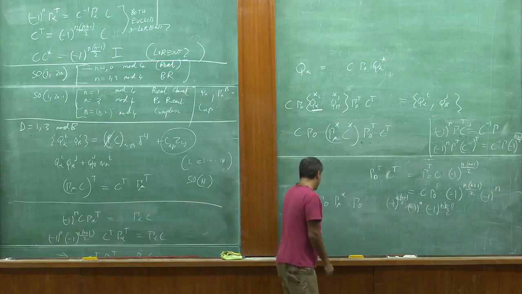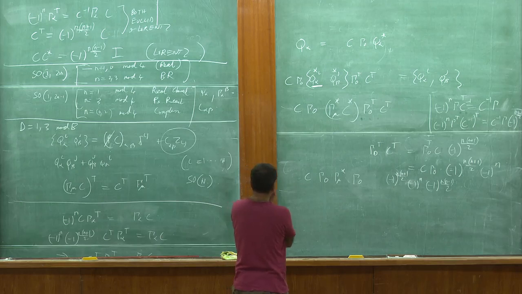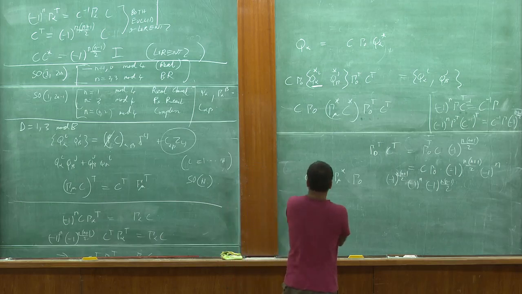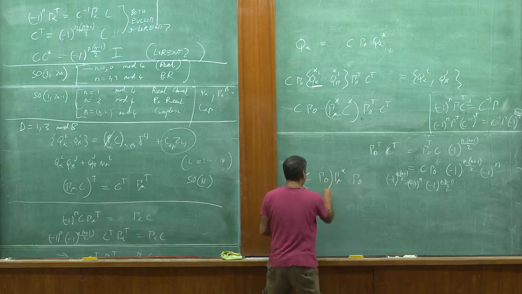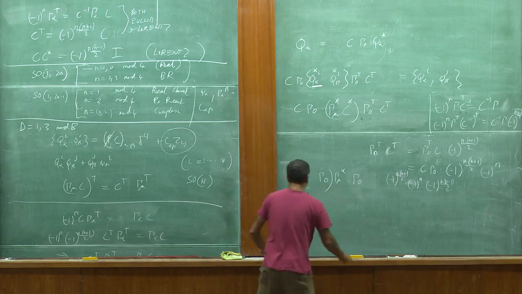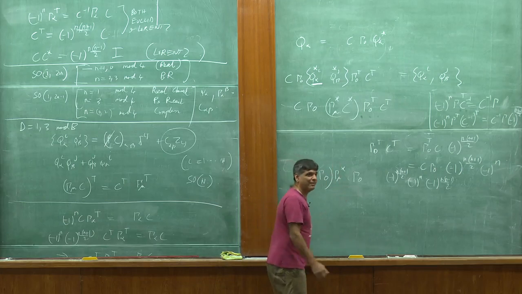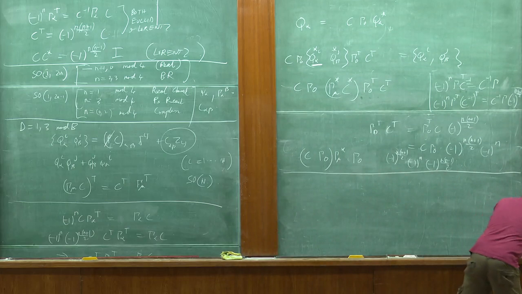Now let us remember what happens. We had a C, and we've got a C. So we had this fact that we could take C gamma 0 through gamma mu, making it gamma. We use that somewhere, so let's remind ourselves of that.